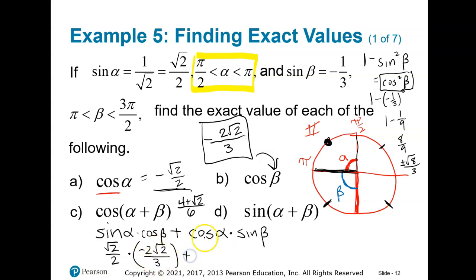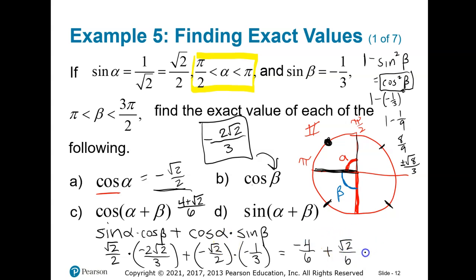Plus the cosine of alpha, again that was the square root of 2 over 2 from part A. The sine of beta was given to us, that was negative 1/3. I got a square root of 2, another square root of 2, that'll be 2, times negative 2 will be a negative 4 over 6. Square root of 2 times square root of 2 times a negative 1 over 3 will be a negative, and it all comes to a plus square root of 2 over 6.